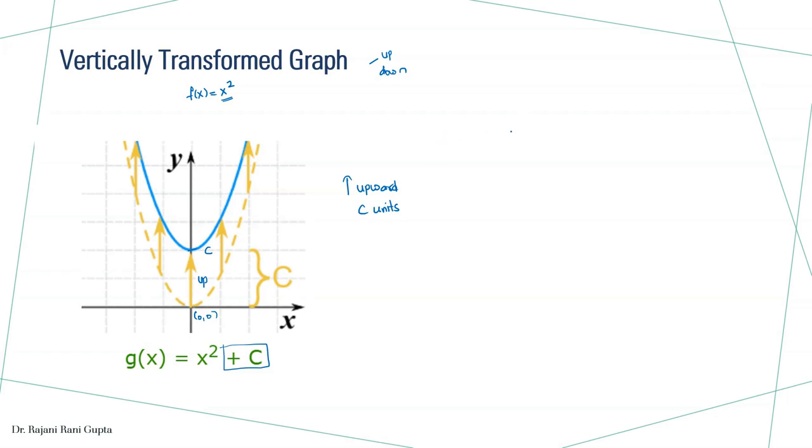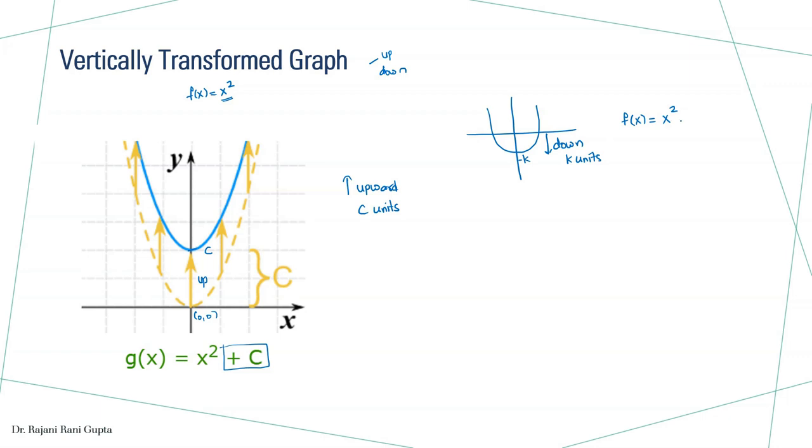Okay. Similarly, if the graph moved down, suppose your graph becomes like this, and this is the value, say k, minus k. So in this case, your function will become f(x) is equal to x square, since it moved down by k units.